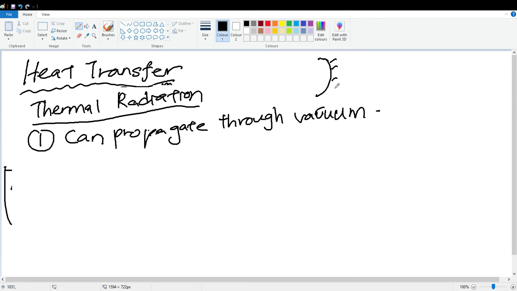So this shall be the outer space. The heat energy from the sun can travel through the outer space in the form of electromagnetic wave. We know that our outer space is actually a vacuum.